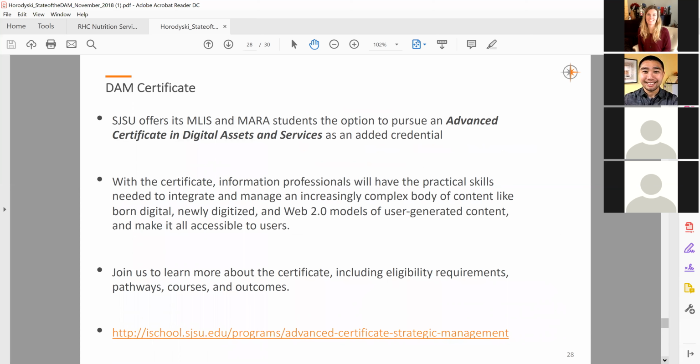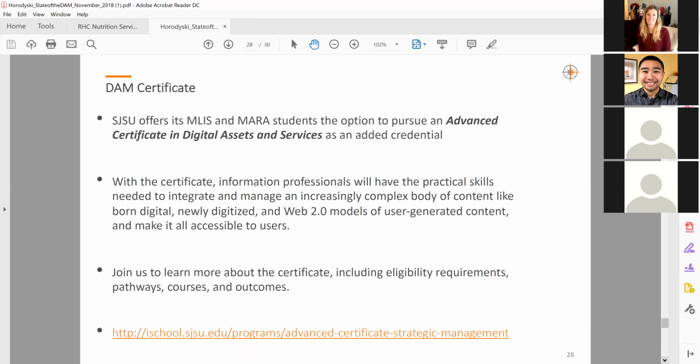With this certificate, you and other information professionals will have the skills needed to be involved in this type of DAM work and other digital work, because you are understanding what digital is, what Web 2.0 or 3.0 is. You're thinking of user-generated content. You're thinking about how content is being made accessible to everyone.